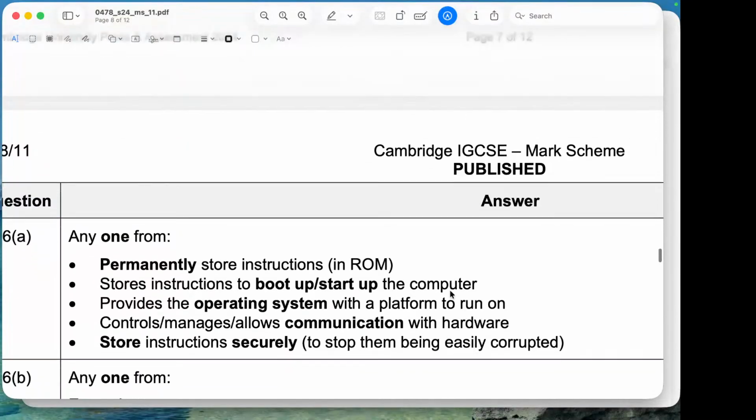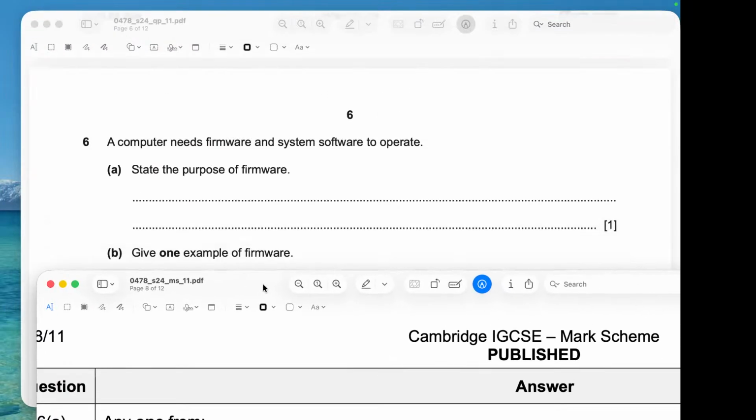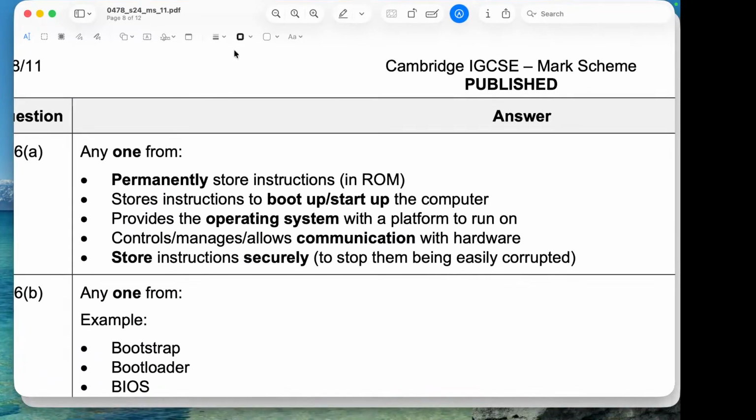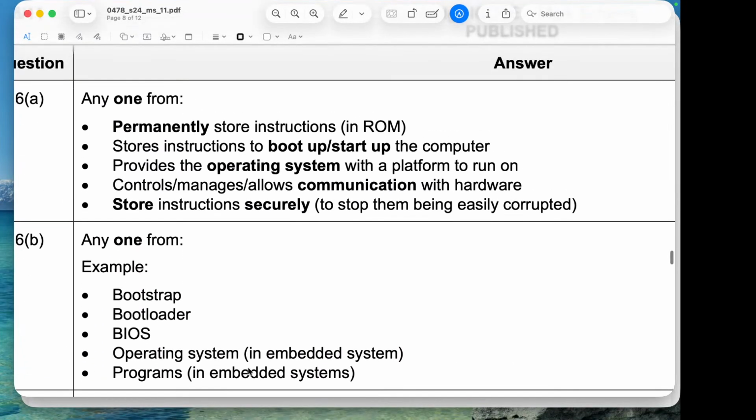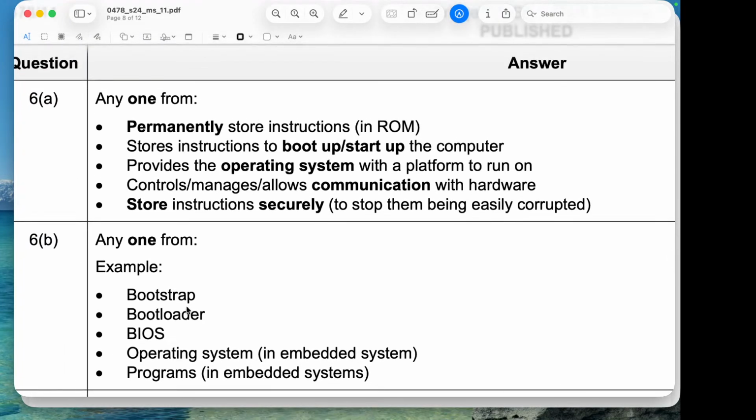For part B, it says give one example of firmware. Well, operating system in an embedded system, programs in an embedded system. But if it's a computer like ours, bootstrap, bootloader, BIOS, that's what they're used for.